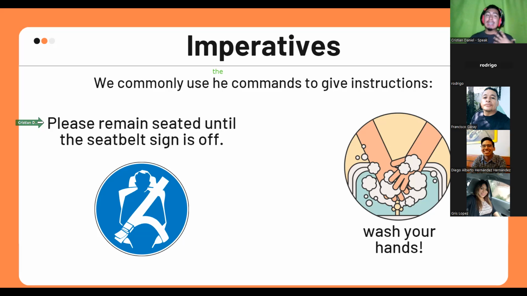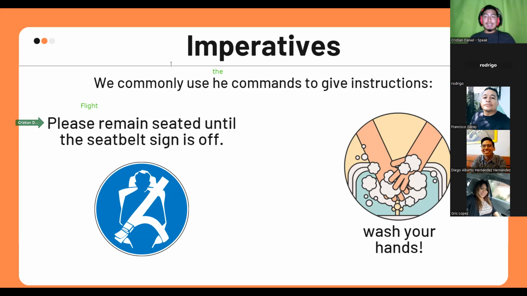As you can see, guys, this is a common situation that you can listen to during a flight or when you are on an airplane. Okay, please remain seated until the seatbelt sign is off. As you know, guys, it is important to use the seatbelt, or in another way to call it, the security belt.